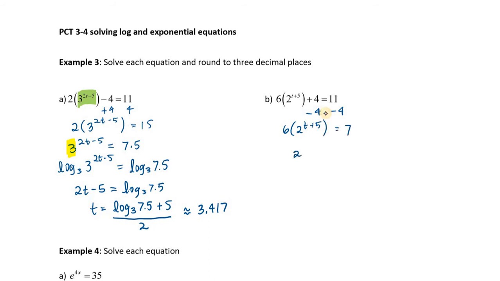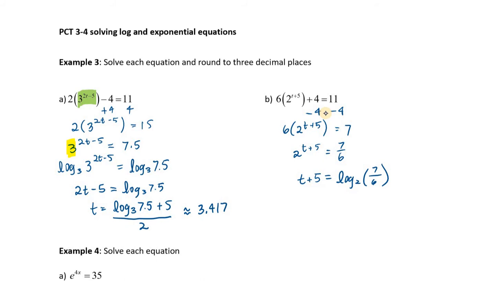Divide by 6. So I get 7 over 6. Take the log of both sides. So I'm going to take log base 2 of 2 to the t plus 5, which means that I just end up with t plus 5 on the left, and I end up with log base 2 of 7 over 6.